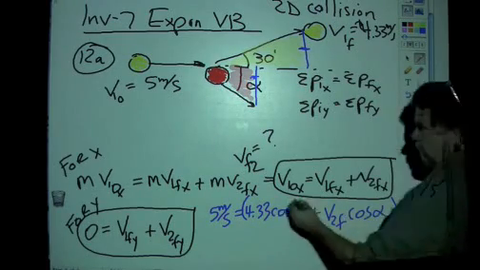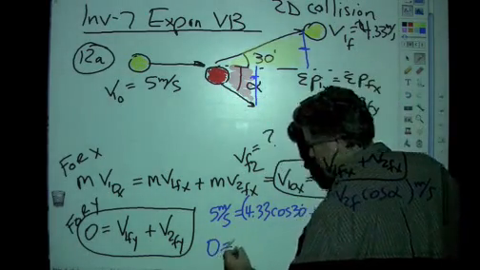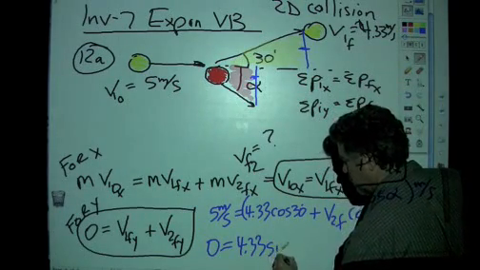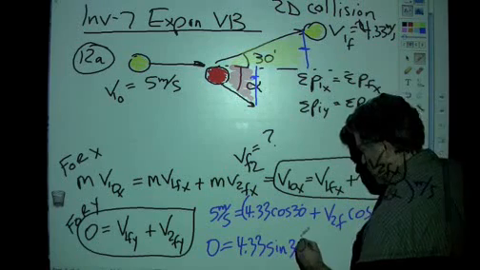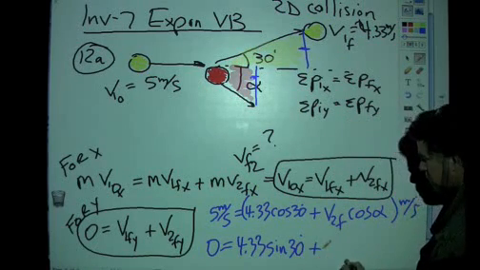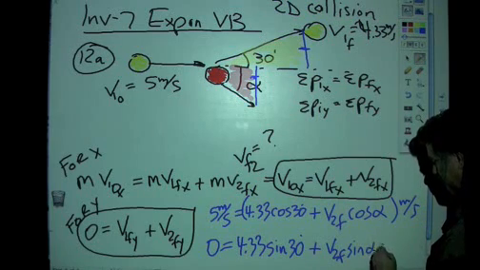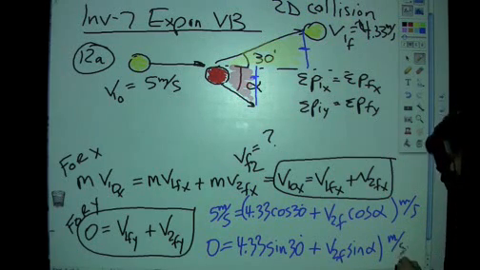Over here on the y, I'm going to have 0 equals 4.33 times sine of 30 plus V2 final times sine of alpha, meters per second. So how many unknowns do I have?